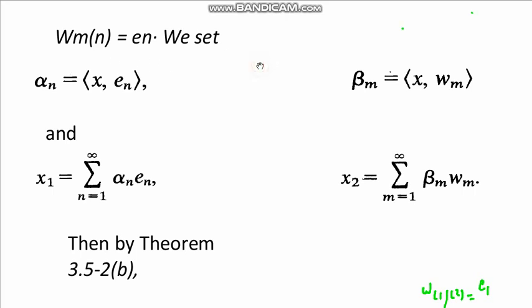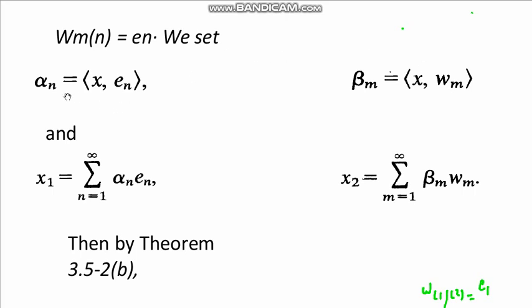Now we take two sequences: alpha_n, which is equal to the inner product of x and E_n, and the other one, beta_m, which is equal to the inner product of x and W_m.